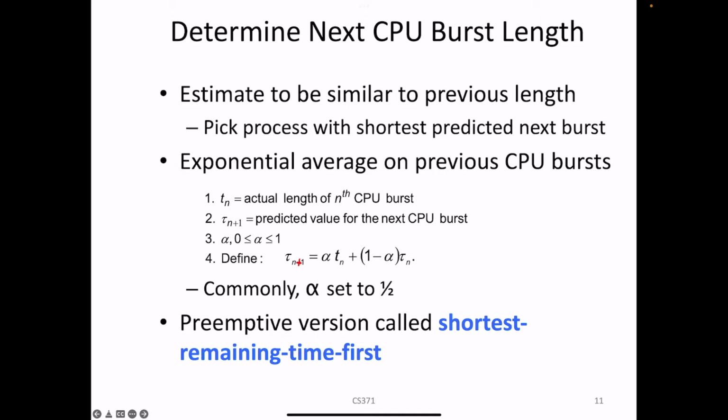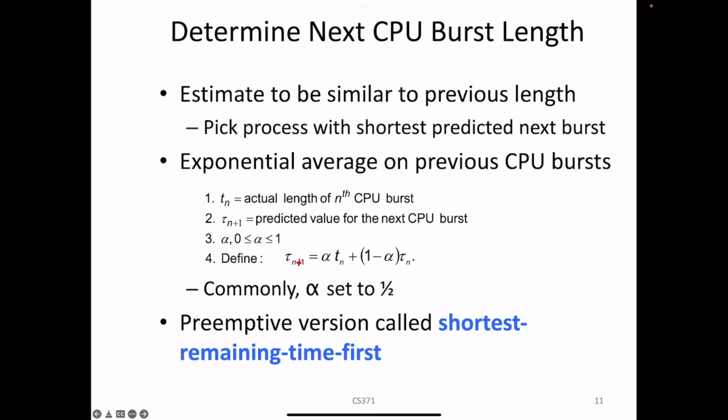Let's define Tn as the actual length of the nth CPU burst, and tau n plus 1 as the predicted value for the next CPU burst. We also define a special parameter alpha in the range between 0 and 1. Later, we will explain how alpha can impact the value of the prediction.